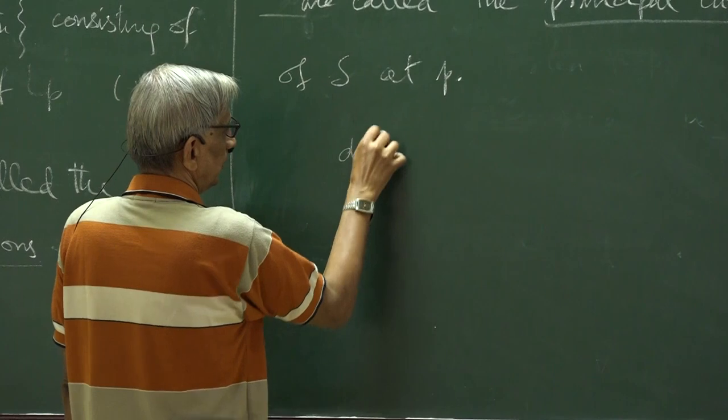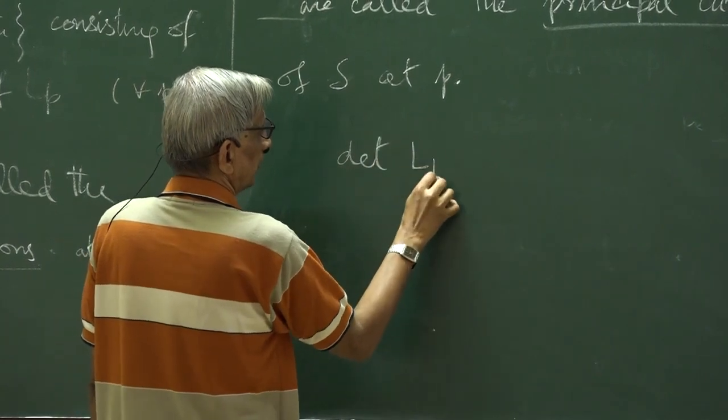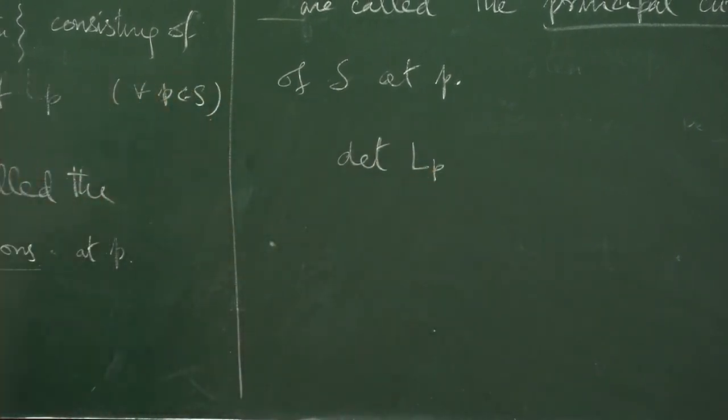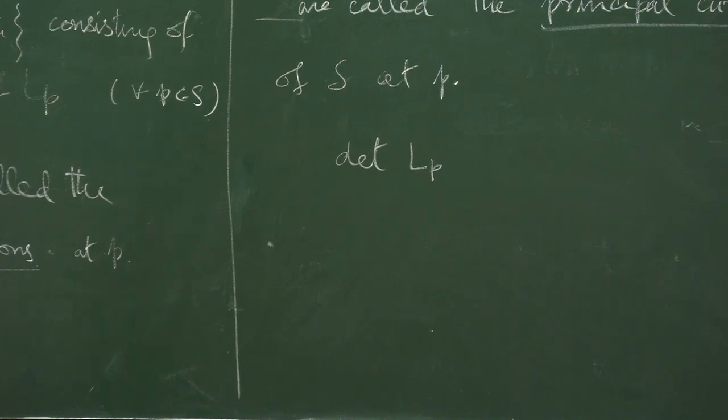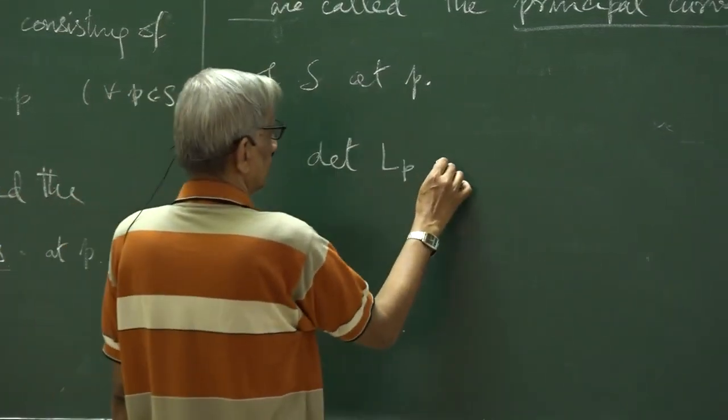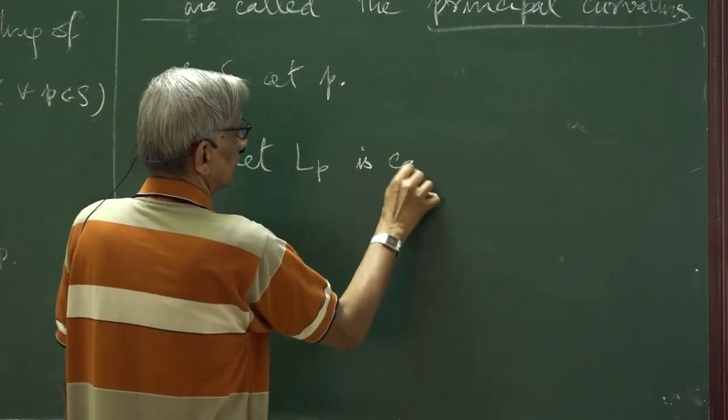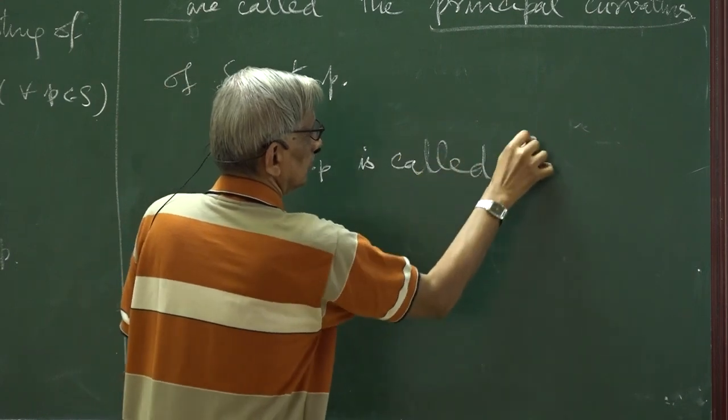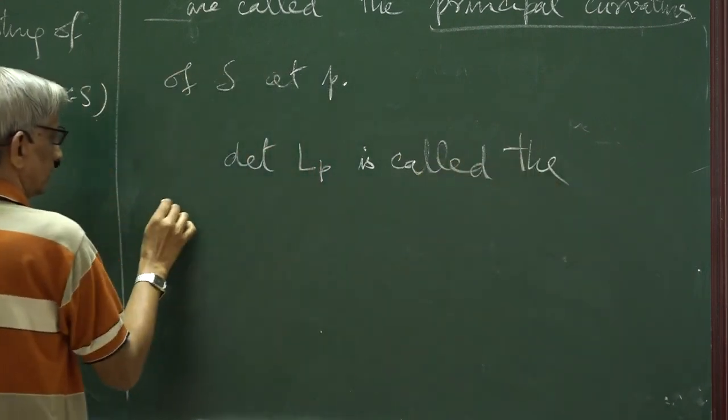The determinant of the Weingarten map, determinant of L_P, is called the Gaussian curvature.